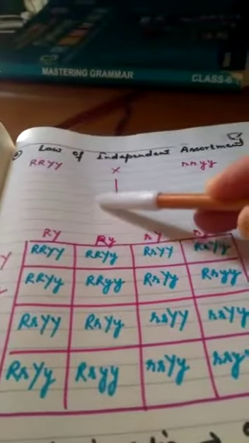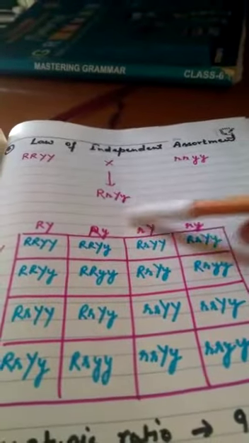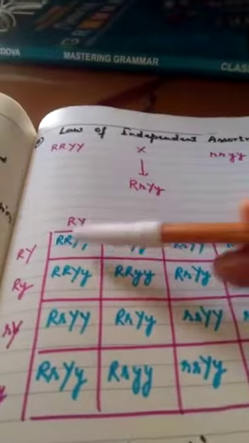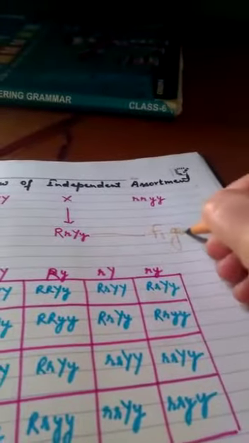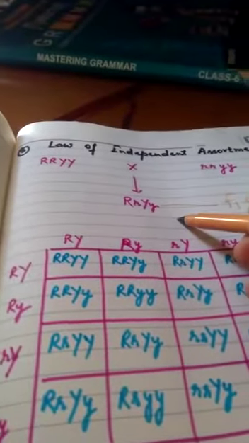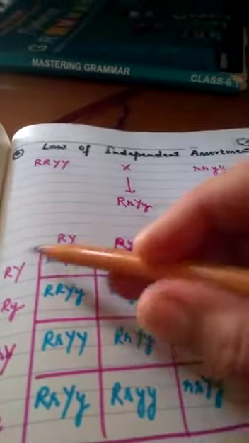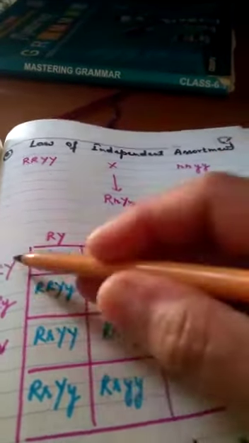So all these F1 individuals are round and yellow. Now to get the F2 generation, we take two plants from the F1 generation, the same type of plants.